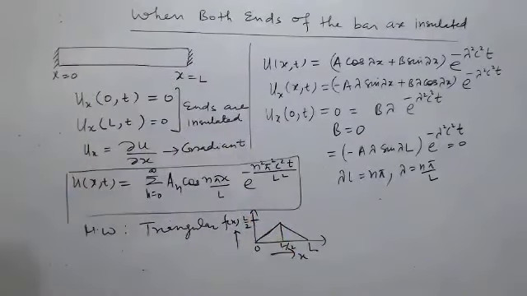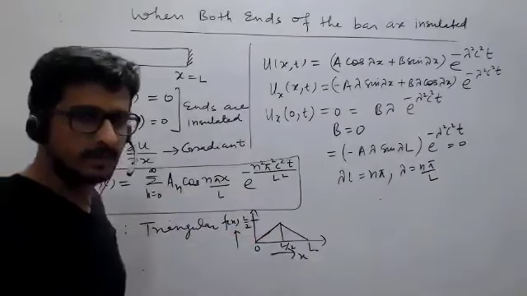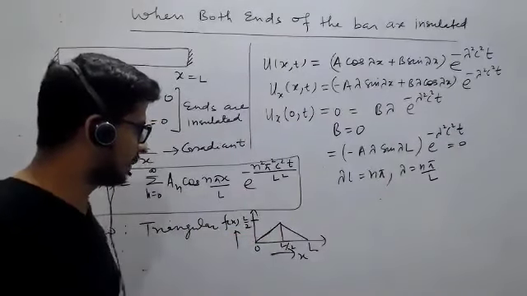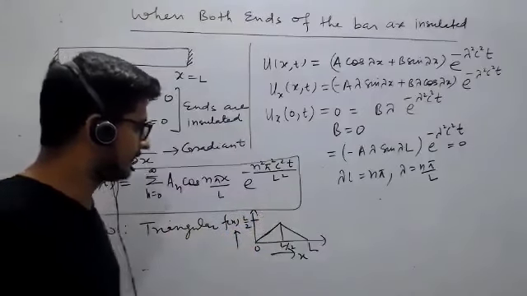Then only this will come out to be, the slope will come out to be 1, the slope should be 1 on this side, and on this side it will be L minus x.